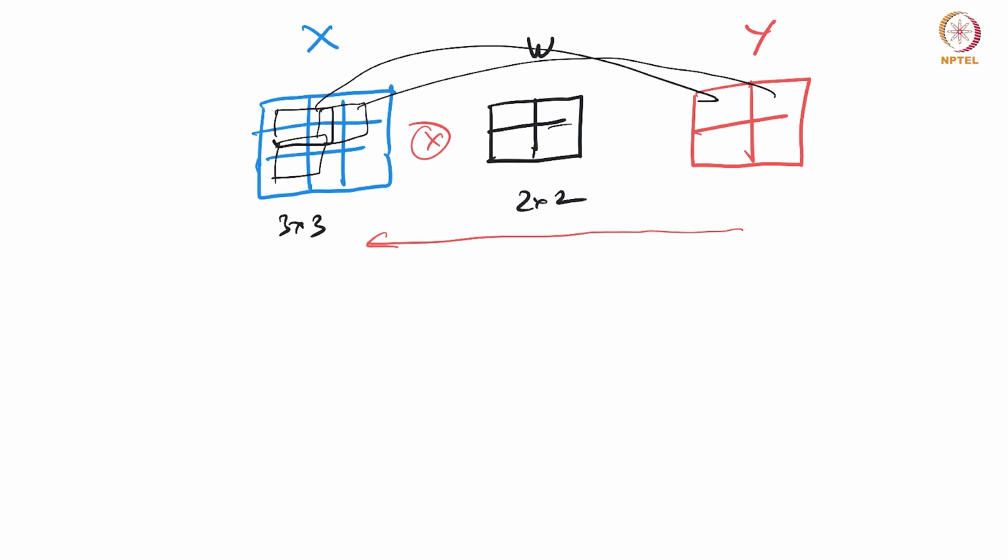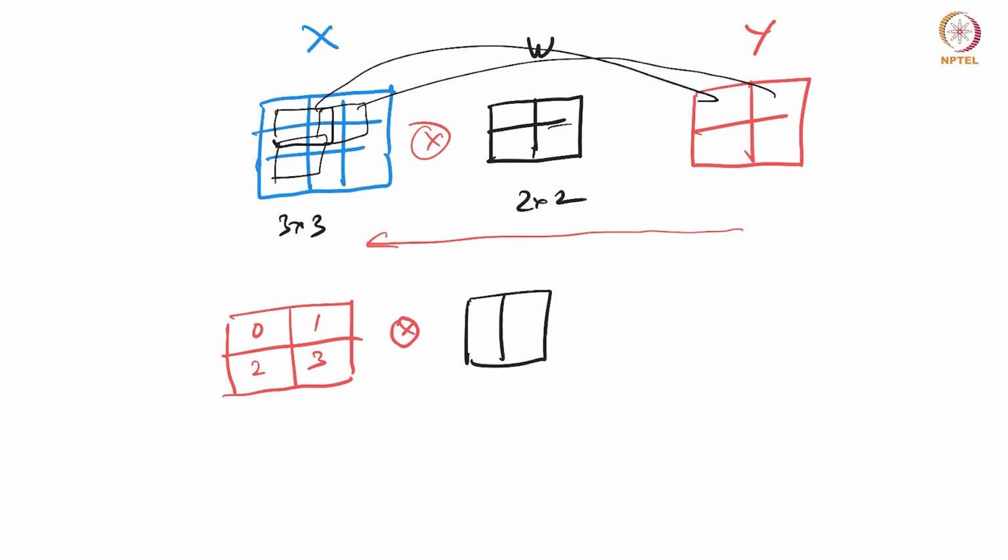So let's say we take this Y, which is typically what we do, and we want to turn this into 3 cross 3. You will take every element here, let's say 0, 1, 2, 3. I will denote the strided convolution, the transposed convolution, with this symbol, with the same kind of 2 cross 2 filter.